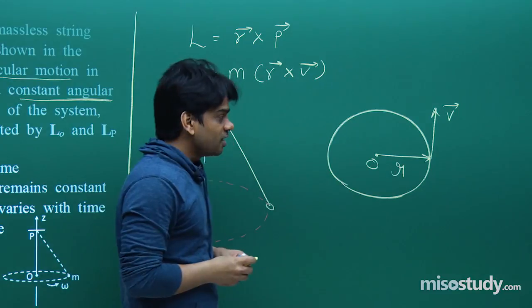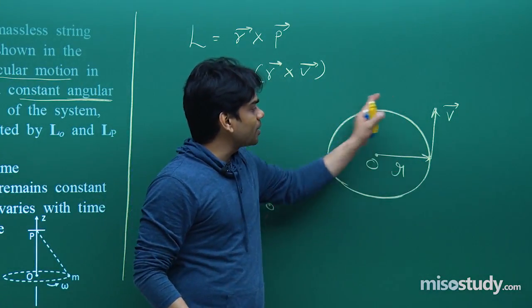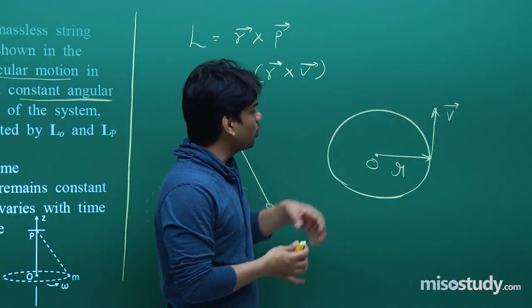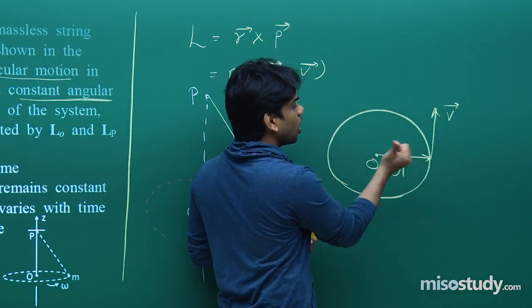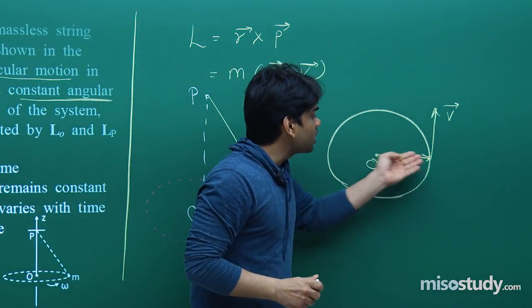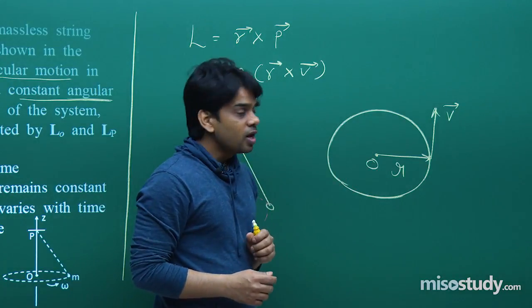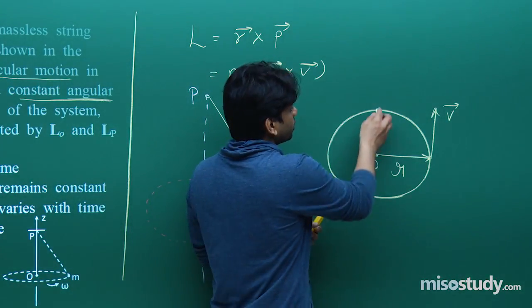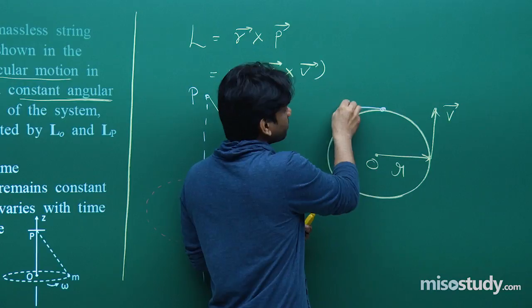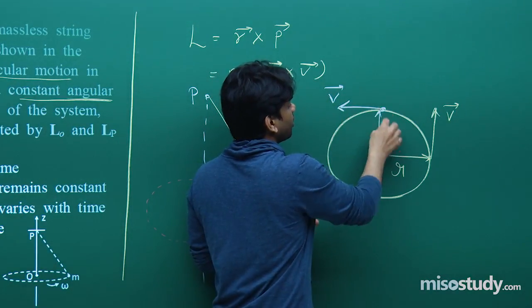If you do r cross v, imagining the figure on the plane of the board, r cross v will always come out of the plane of the board. It is perpendicular to both r and v. At any point of its motion, when the particle reaches here, the velocity reaches here, you see here again, this is the r vector.